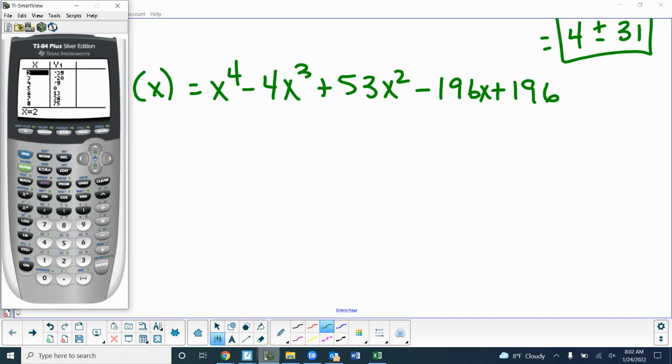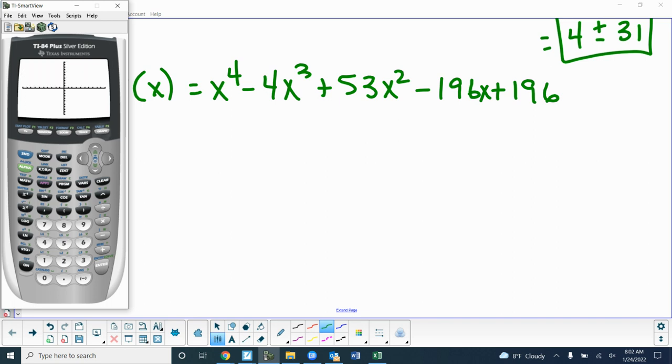So again, we're just going to put it in our calculator, hit our y equals. Just clear it out. So x to the 4 minus 4x to the 3rd plus 53x squared. All right. Again, making sure I typed it in right.